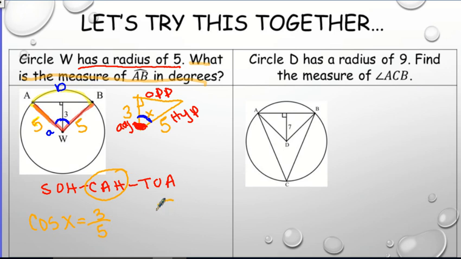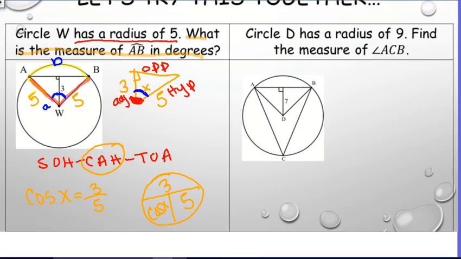If I draw my little trig circle, then the cosine goes here, cosine of x goes here, the 3 goes here, and the 5 goes here. If you need a review on this, go look at the trig videos. I think they were sometime in November or December. Just check YouTube and re-look at those if you need to.